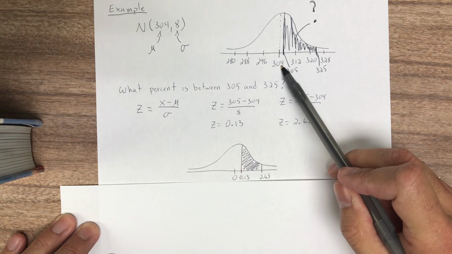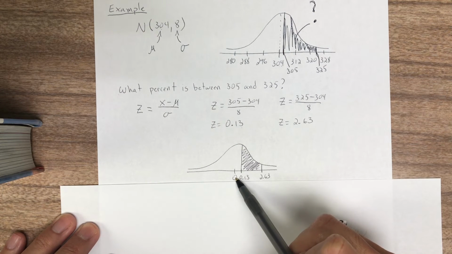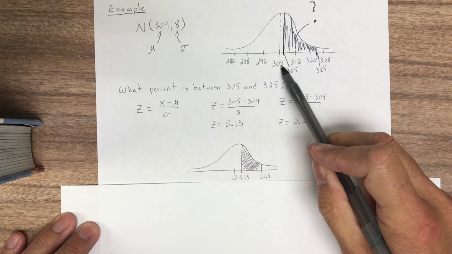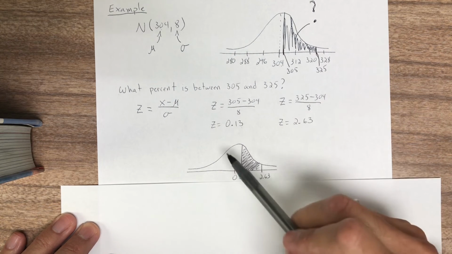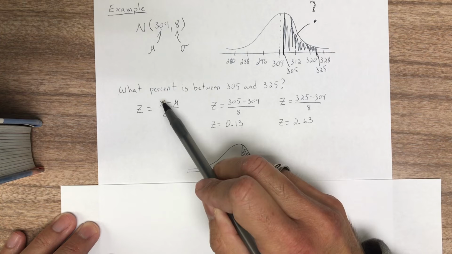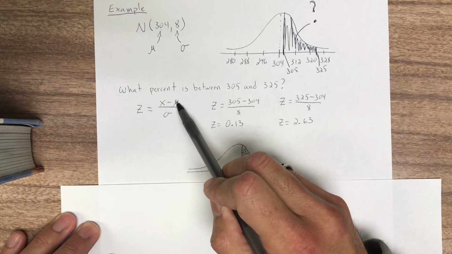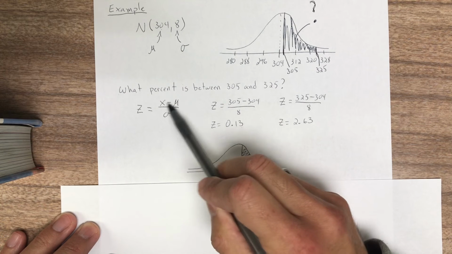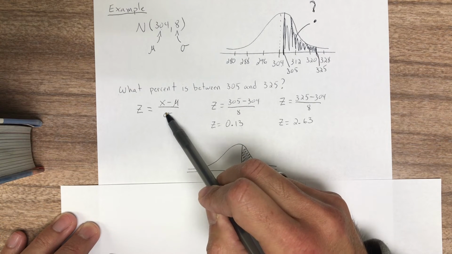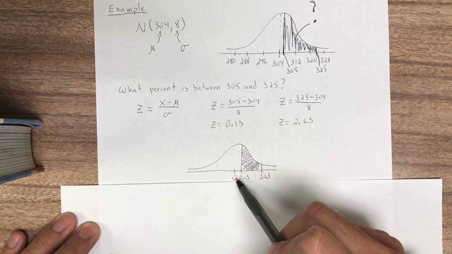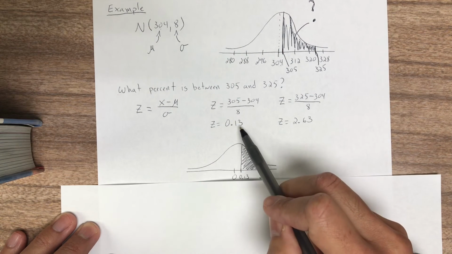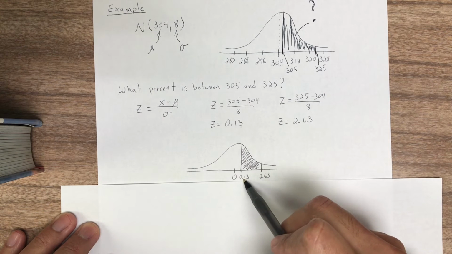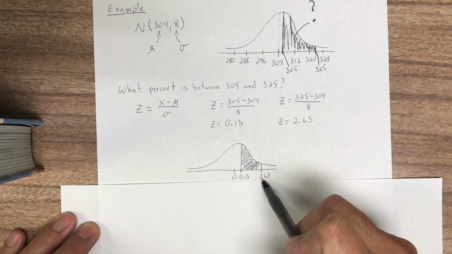The mean will be your 0 Z-score. When you standardize the mean 304, you will get 0, because if you substitute 304 minus the mean, which is 304, so 304 minus 304, that's going to be 0 divided by 8, the standard deviation. That's going to be 0. But we are looking for the area between 0.13, which is right here, and 2.63.